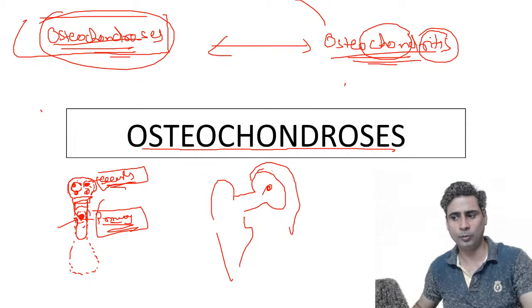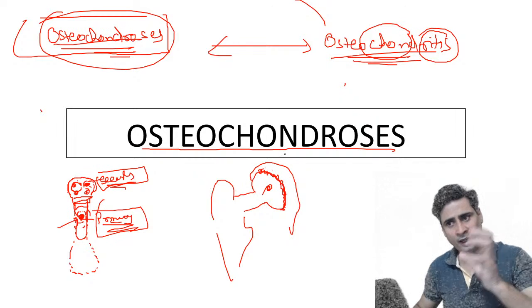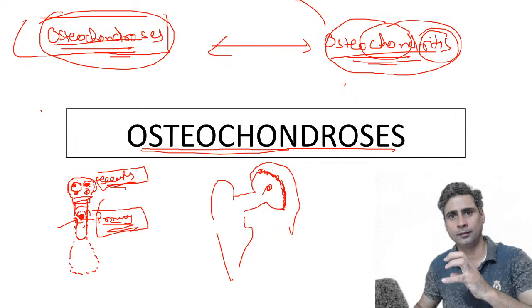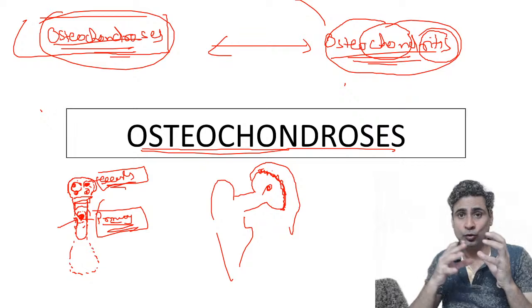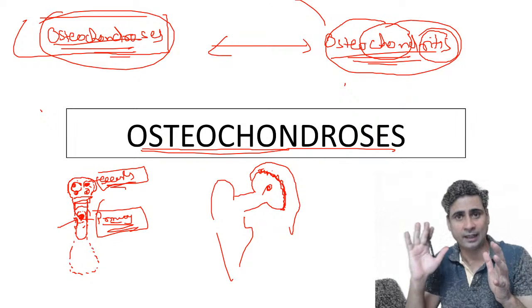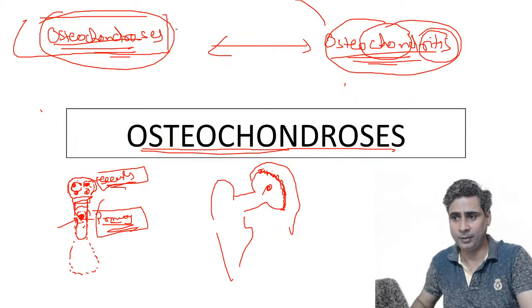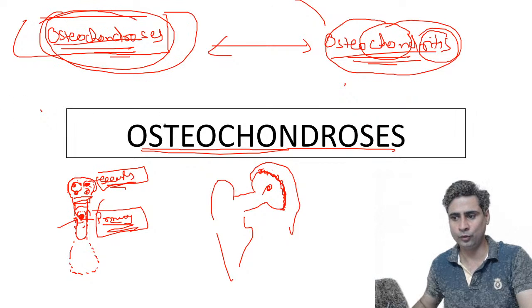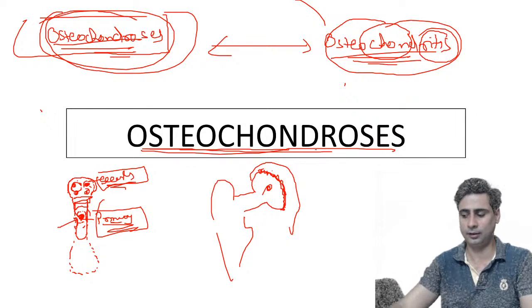The head is inside the acetabulum. There may be inflammation of the articular cartilage of the hip joint. So intra-articular osteochondrosis can cause osteochondritis. So they are used interchangeably incorrectly. The correct term is osteochondrosis. Okay, so now we will use this term osteochondrosis.